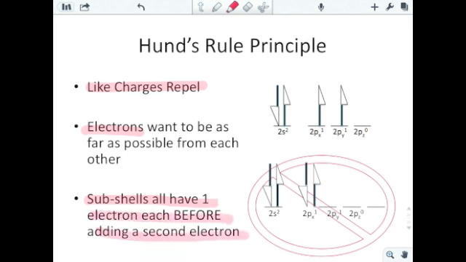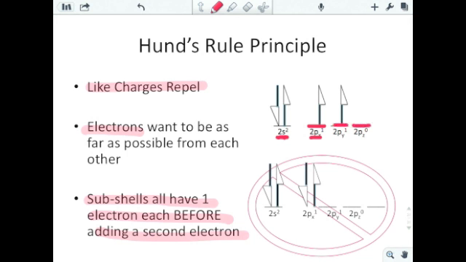Now we can represent the electrons as arrows, and we can break everything up into their orbitals and then their subshells. Here you can see that this one is S, and this one is P. Well, S can only hold 2 electrons, so it only has 1 subshell, only 1 line. But P has 3 subshells, so it has 3 lines.